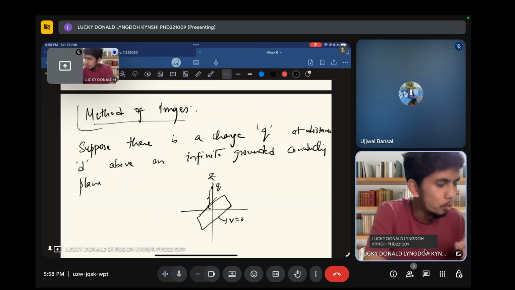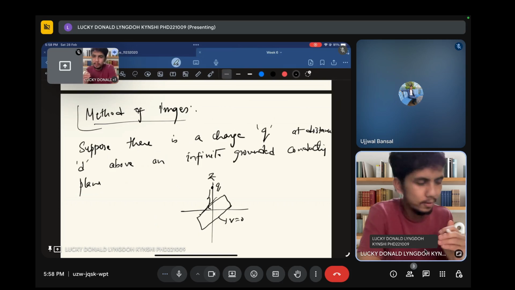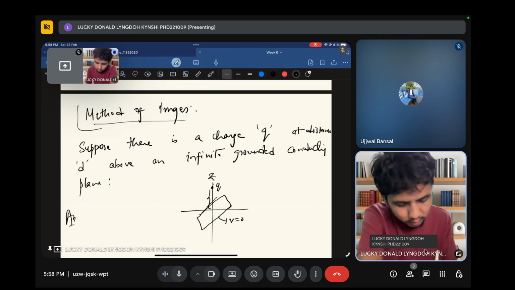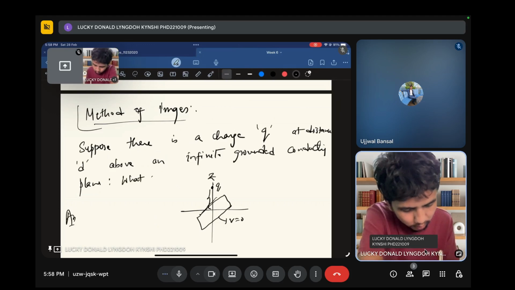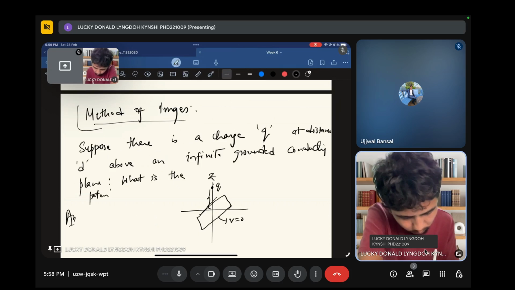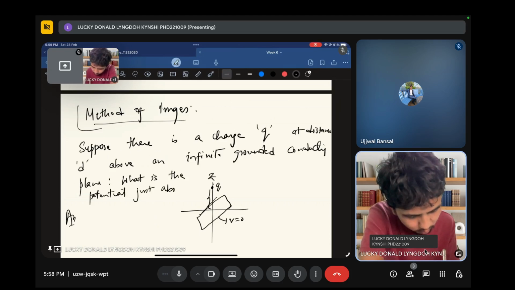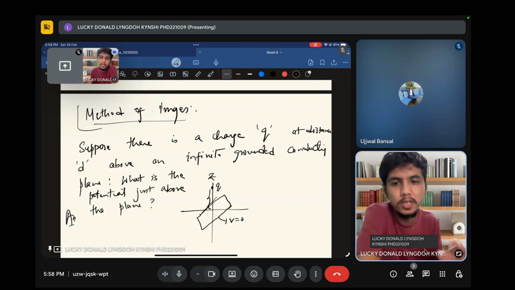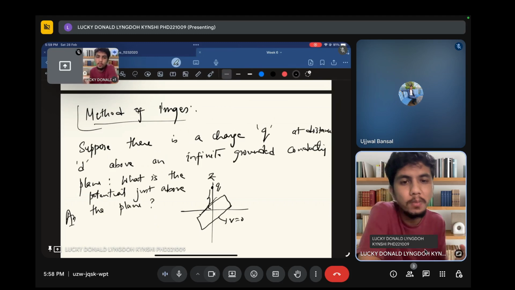What is the potential just above the plane? You can see that the potential just above the plane is simply 1 by 4 pi epsilon naught, q by r, the potential due to a point charge plus q.